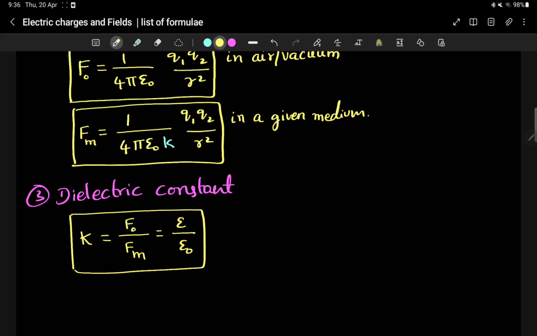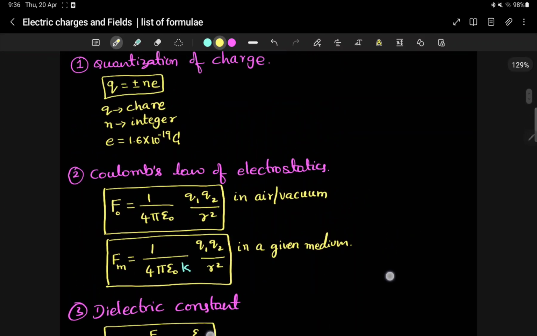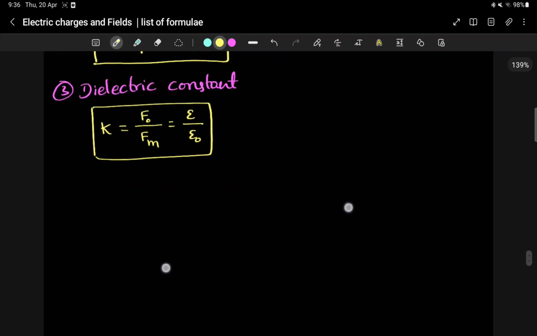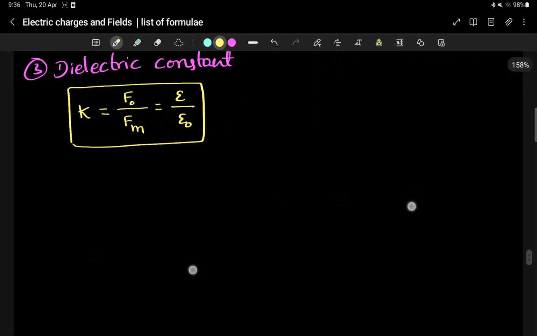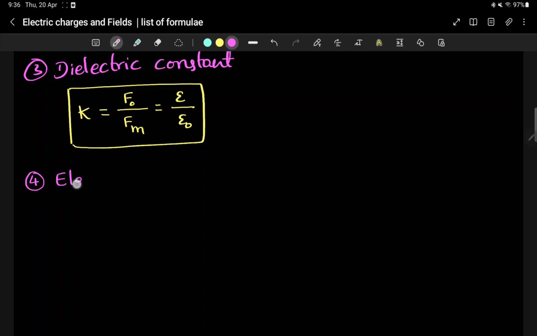Okay, next we'll move on to the next formula, that is the electric dipole concept. So what is an electric dipole?